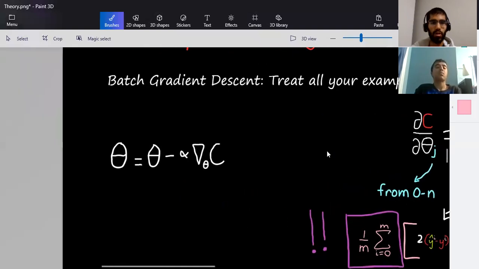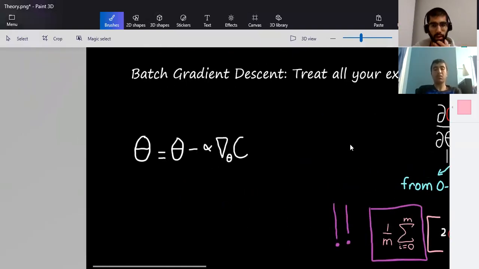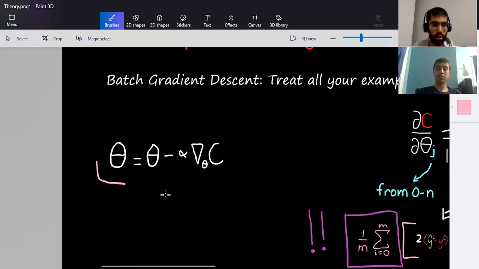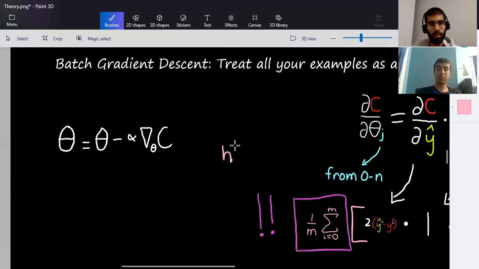This is very computationally inefficient when you get to large training sizes. By large, I mean usually over 10,000 training examples is when you'd want to consider using another algorithm, not summing over all of the examples and then taking the average on every single gradient descent step. But definitely, if m is less than 2,000, using batch gradient descent is fine.